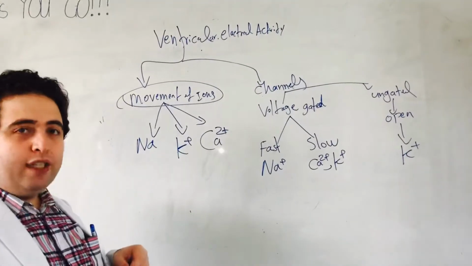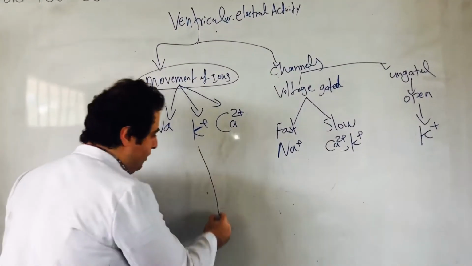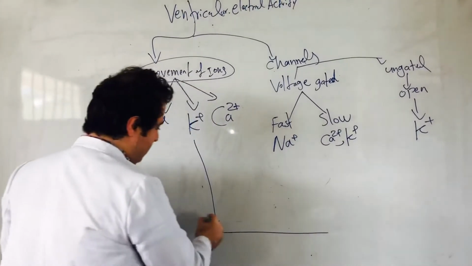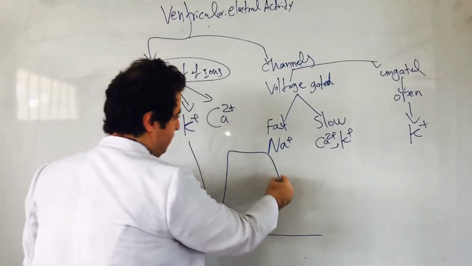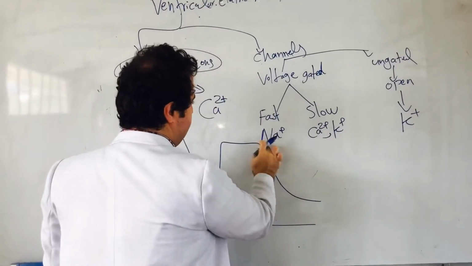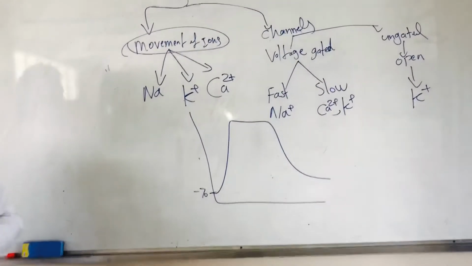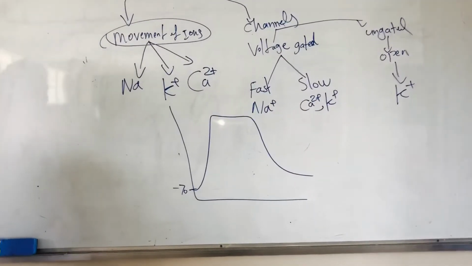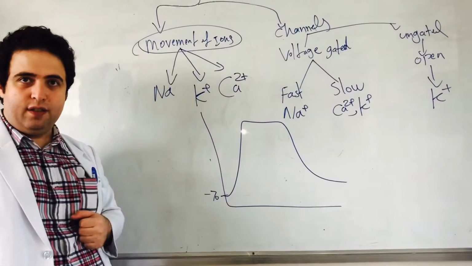Let me draw the ventricular action potential. It's something like this. This is the ventricular action potential. Okay? This ventricular action potential has four phases.